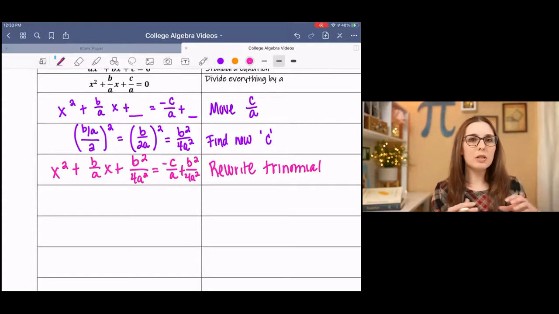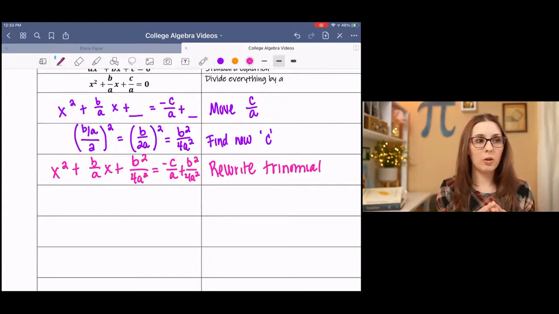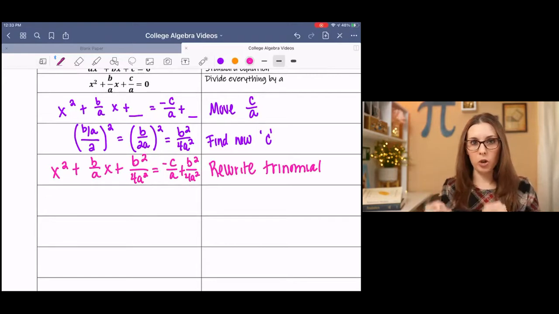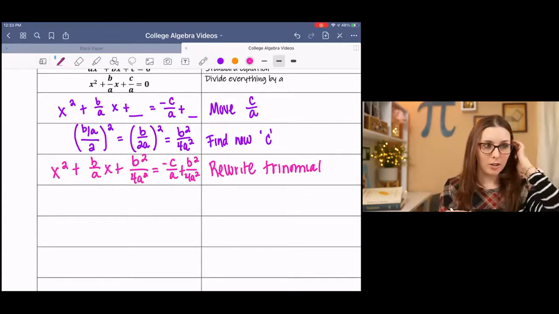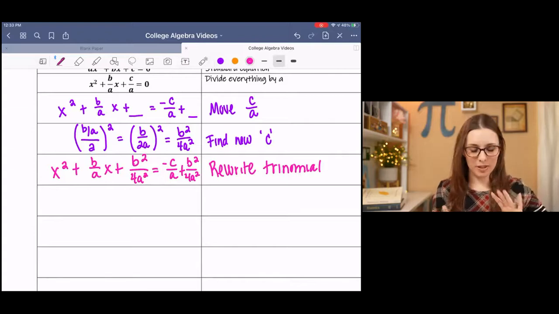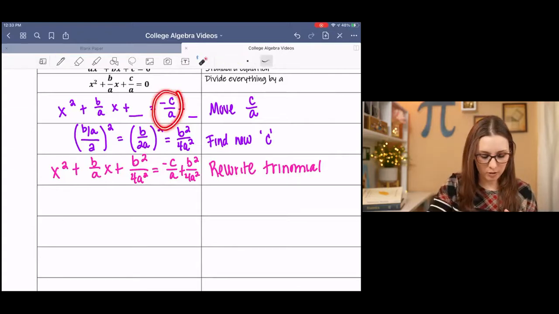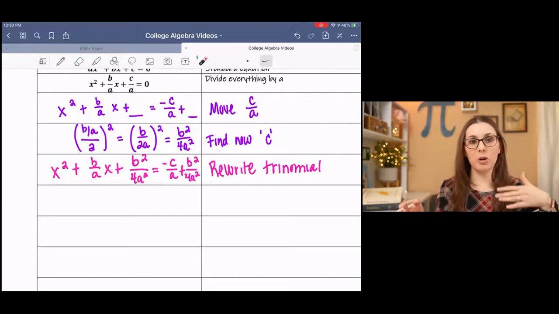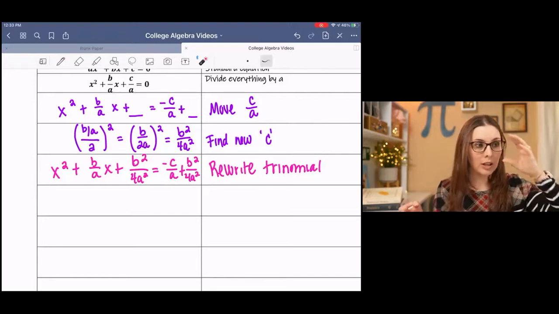Sometimes it helps, since this is a proof, or we're deriving something, to write on the right side what you're doing, so that when you go back and look at it, if there's any mistakes, you can figure out, oh yeah, I remember what I did. I remember why it didn't work. Usually, I make this mistake almost every time. When I move the c value over, I forget the negative, and it messes up the whole thing. So I can always go back and look at what I've done.